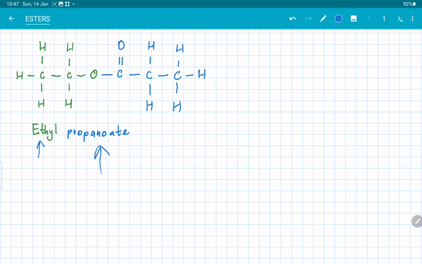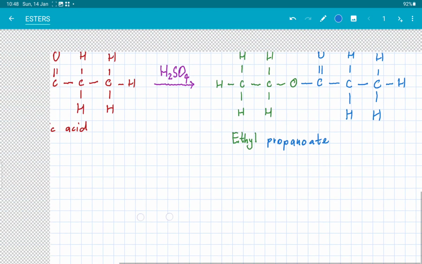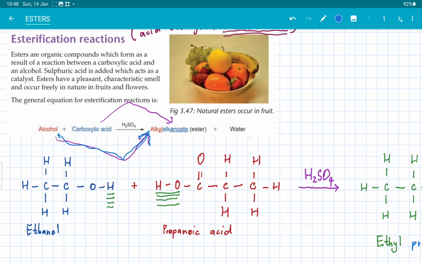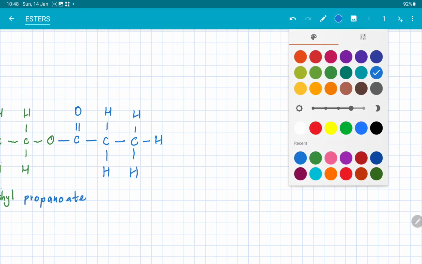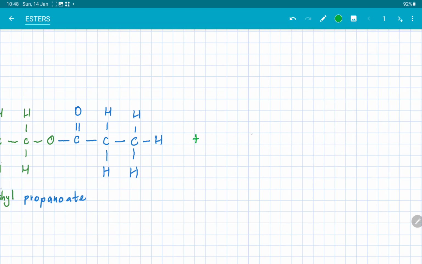We'll do just 2 examples very quickly. Let's remember that I haven't finished, because the ester also has a byproduct. So I'm going to add that, plus water.